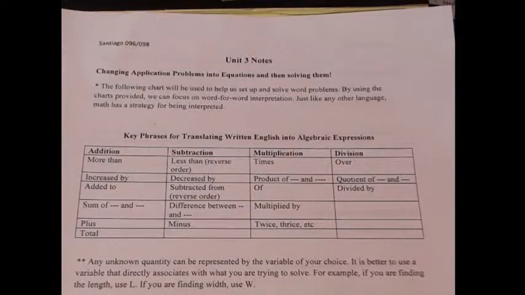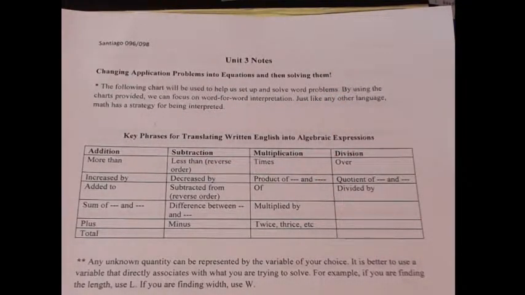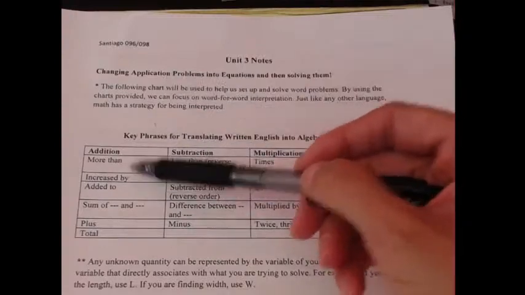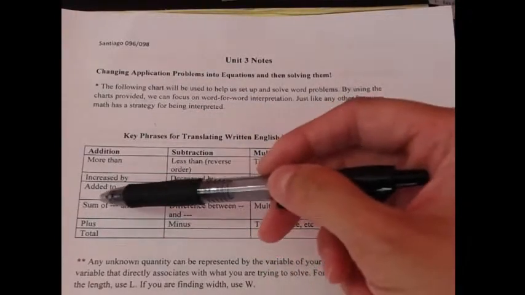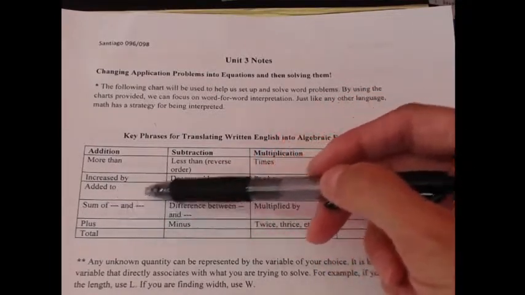So, having said that, if we are referring to addition in our written English statement, then we'll see key phrases like more than, increased by, added to, sum of this and that, right? Like the sum of this first piece and the second piece.